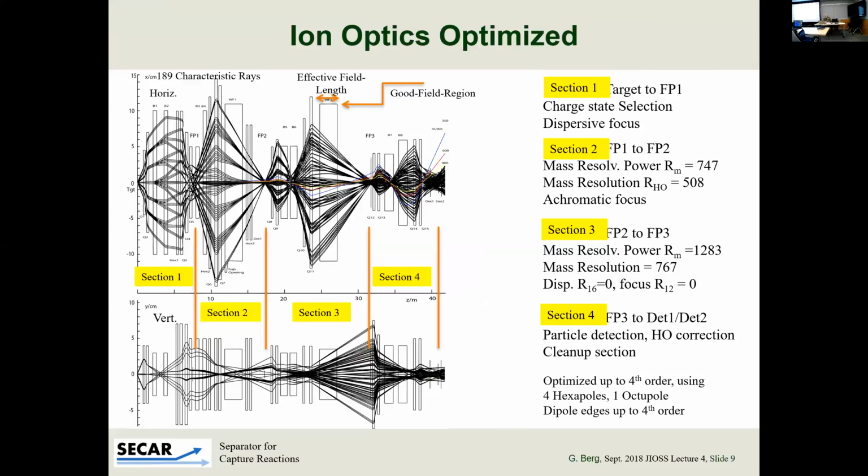If you give up the focus here, the mass separation, in terms of the definition of what the mass separation is, M over delta M increases quicker than the size of the image from the focus increases. Then the optimum may be somewhere else. So I think that is ultimately what Fernando is asking, and that question is not answered. It's not designed for that purpose, but there may be something better than what we have now.